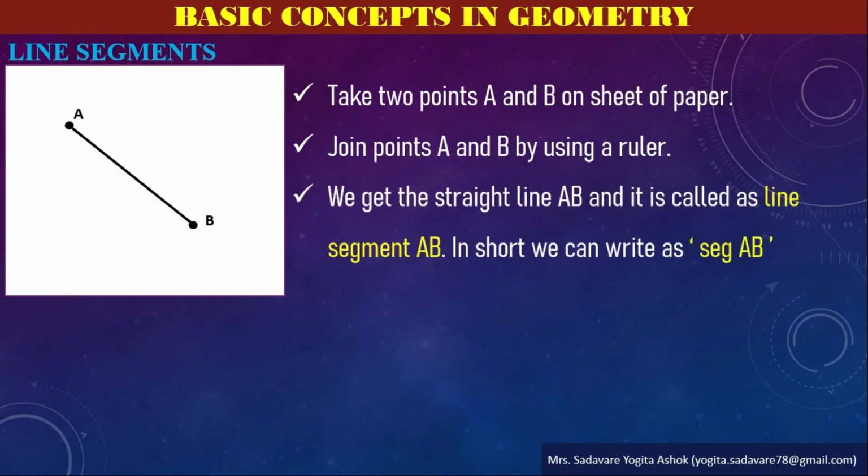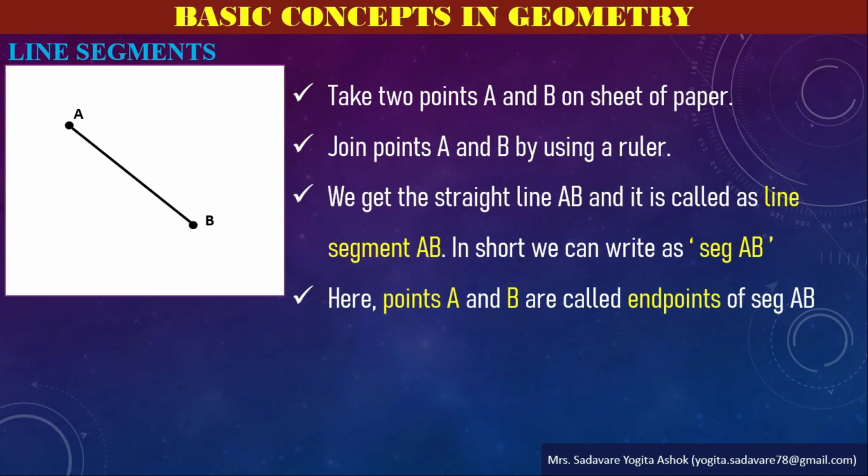We get the straight line AB and it is called line segment AB. In short, we can write it as seg AB. Here points A and B are called end points of seg AB.